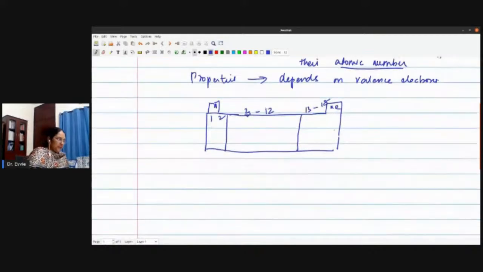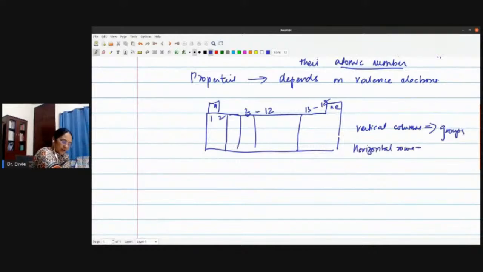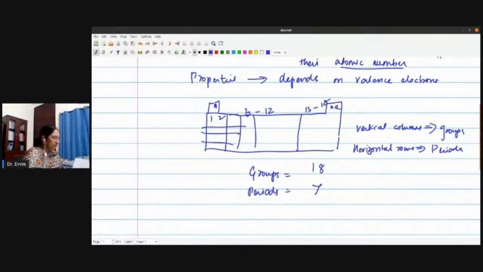The vertical columns are called groups, and the horizontal rows are called periods. Totally, there are 18 groups, but when it comes to periods, there are 7 periods. I hope this is clear.